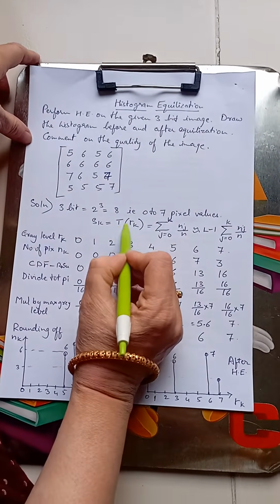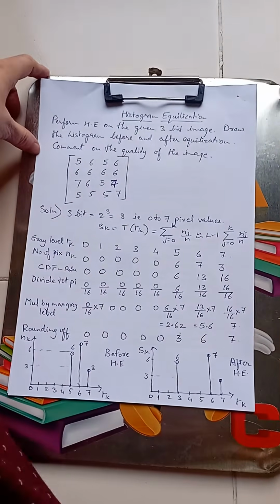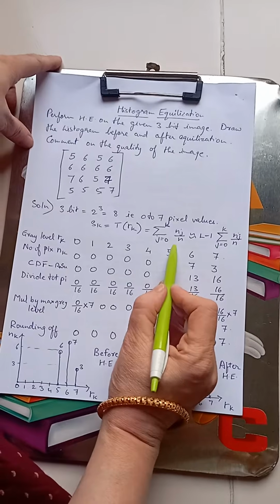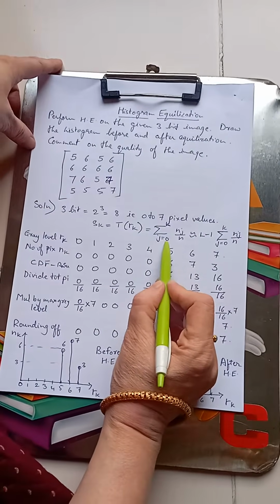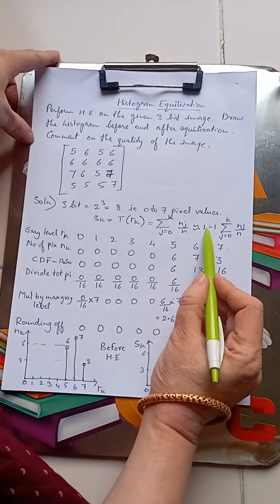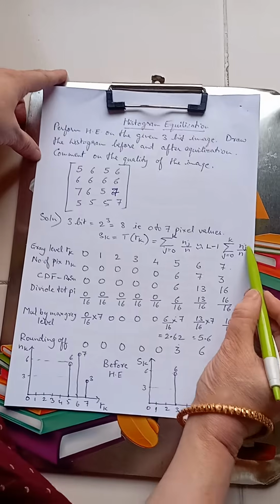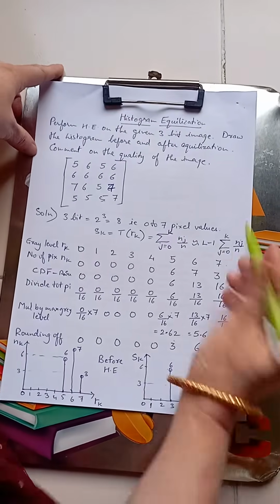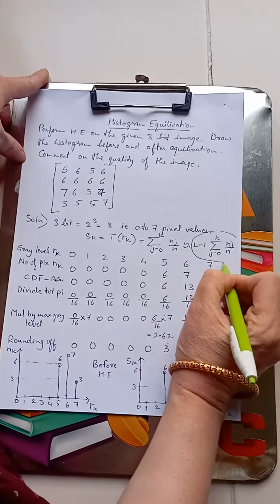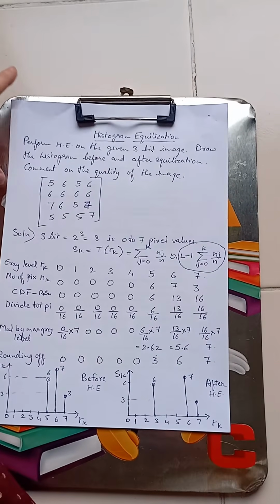Here the transformation is histogram equalization. So the formula comes to S_k = summation j = 0 to k of n_j by n, which is equal to (L minus 1) times summation j = 0 to k of n_j by n. This is the formula we are going to implement step by step.